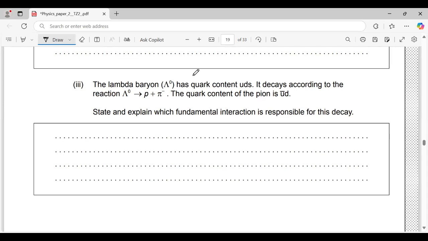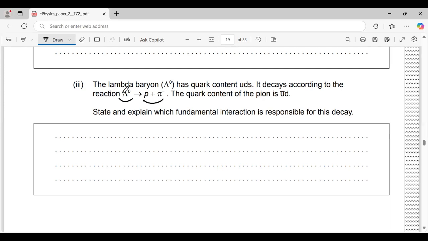Right. If you look at this reaction, this is the initial state and this is the final state. The initial state is the lambda baryon, while the final state consists of a proton and a pion. The pion consists of an antiquark and a down quark.